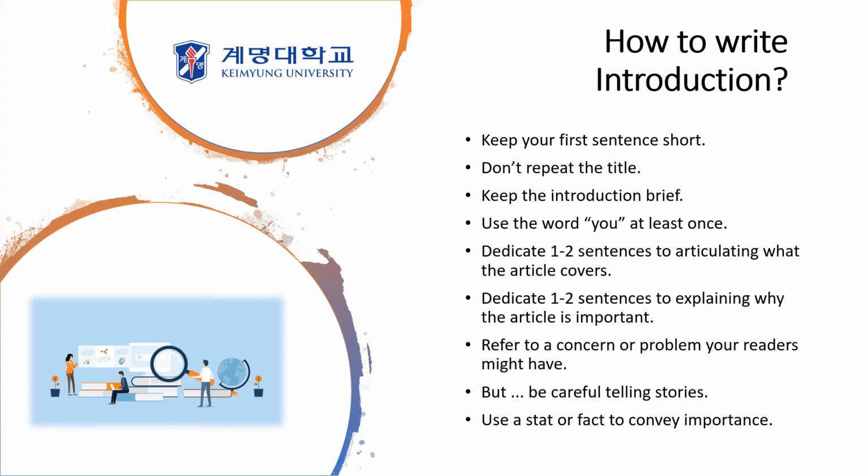Here are some of the guidelines on how you are going to write your introduction. First, keep your sentences short. Do not repeat your title. Make it brief, and do not overuse "you"; maybe use it at least once. Some journals accept personal pronouns like I, me, you, him, they.